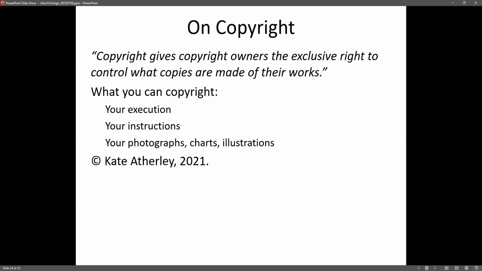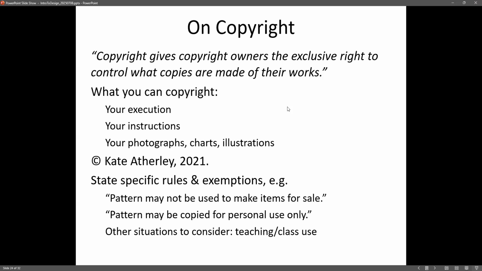Yeah. And you can state specific rules and exemptions. It's up to you. This is about you making a statement about how your work can be used or should be used. For example, pattern may not be used to make items for sale. There are knitwear designers who do that. And the reason that they do that is because they feel that other people shouldn't be making money off their intellectual property, which, you know what, that's reasonable.